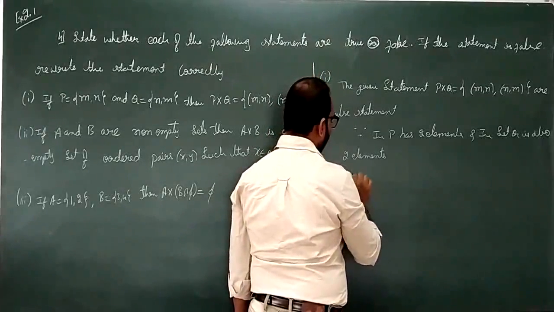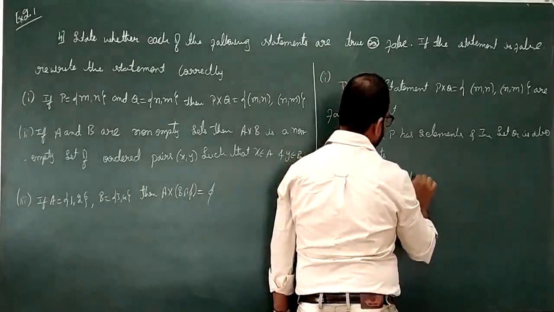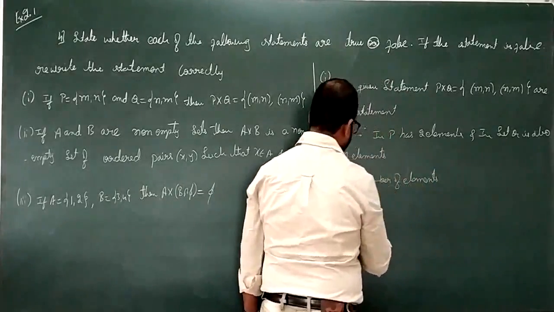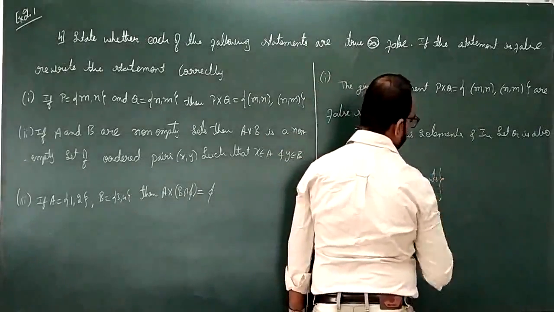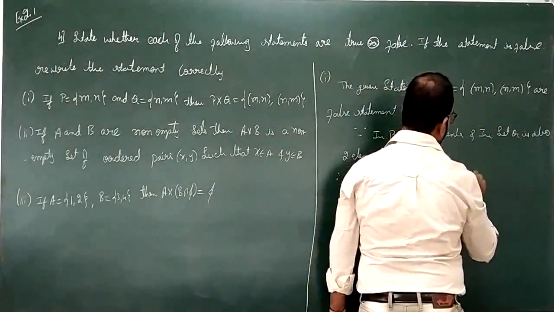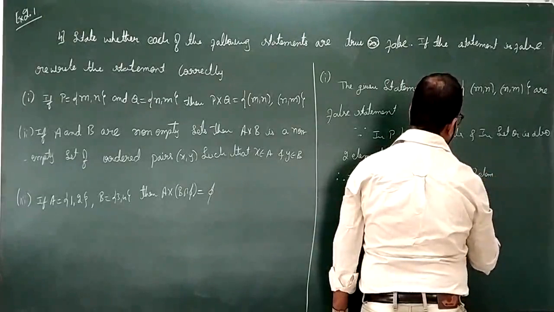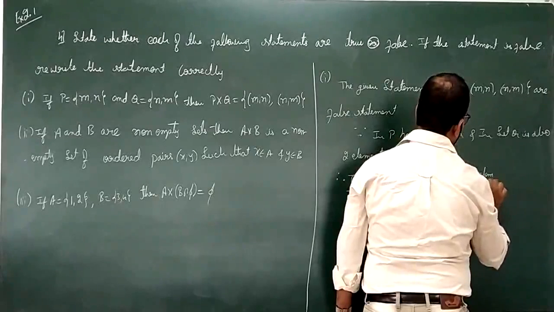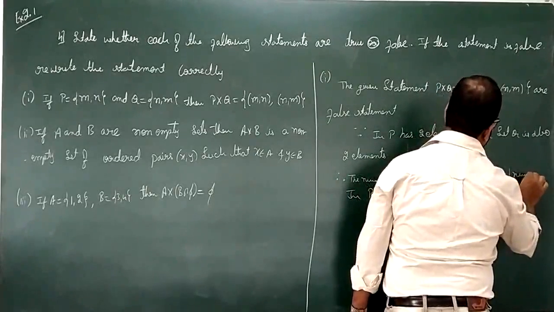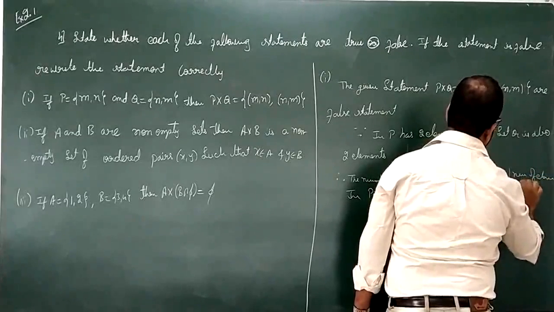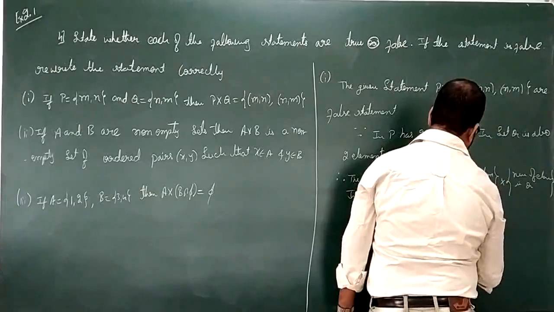Therefore, the number of elements in the Cartesian product of P and Q is equal to the number of elements in P into the number of elements in Q, which is equal to 2 into 2 is equal to 4.